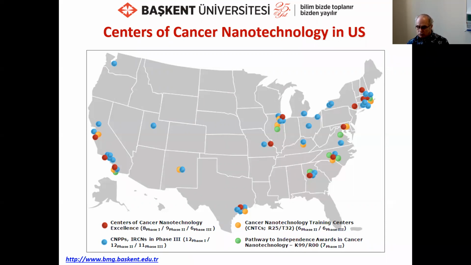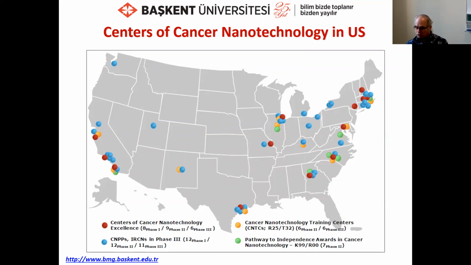Those centers of excellence had phase 1 and phase 2, 3 applications during that time. The blue color is related to other concepts, and they also came to phase 3. The cancer nanotechnology training centers are the yellow ones, and here you can see phase 2 or 3 studies.